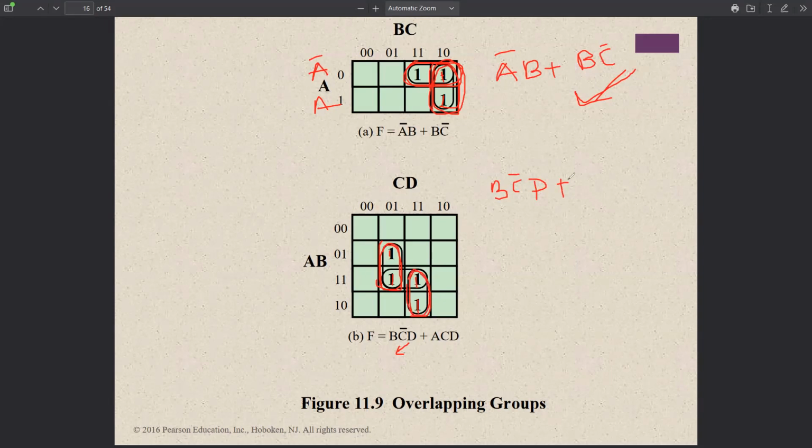A is not going to change. Here it is A, AB, here A, B bar. So A is not going to change. Here it is C. So this is the answer: B C bar D and A C D.